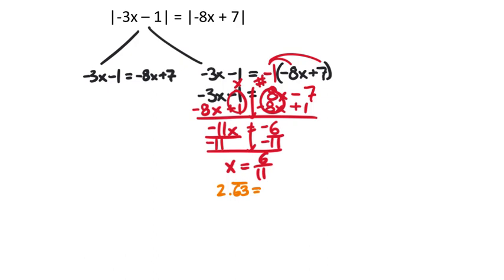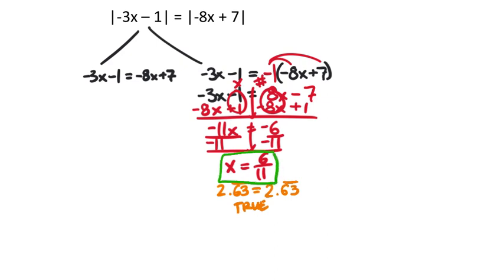So negative 8 times 6/11, I can type it in right, plus 7, enter. And yeah, it ends up being the same value. That right side, though, is positive on the inside of that absolute value, but it is the same value. It's the same absolute value. Okay, so that's true. Since it is true, I know this is one of the solutions.